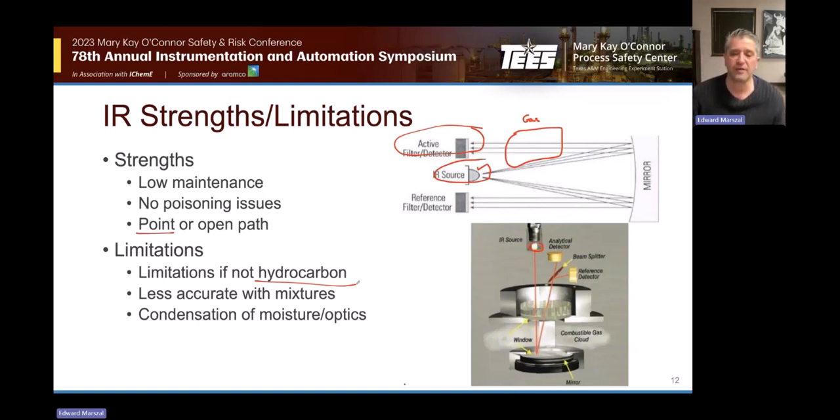And I know that a lot of equipment vendors have tuned these IR gas detectors to be able to detect hydrogen. That's a matter of understanding what frequency we should be looking at and how we detect an absorption at that frequency. So if it's not a basic hydrocarbon application, you definitely want to coordinate with your equipment vendor.